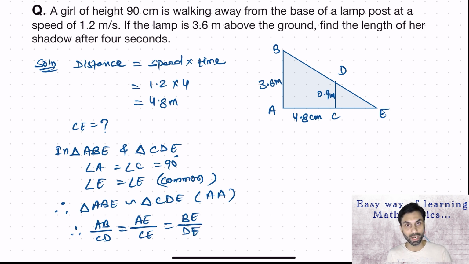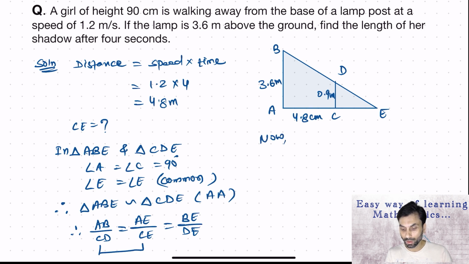Now we'll be substituting the values in those two expressions whose values are given and whose value we have to find. So here we know the value of AB, we know the value of CD, we have to find the value of CE. So we'll be taking these two equalities and solving.